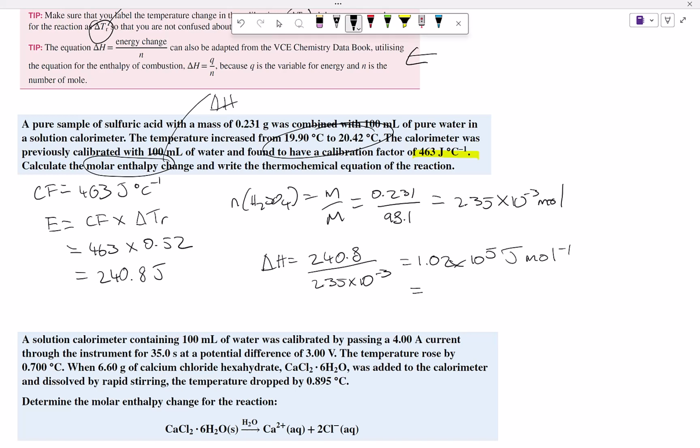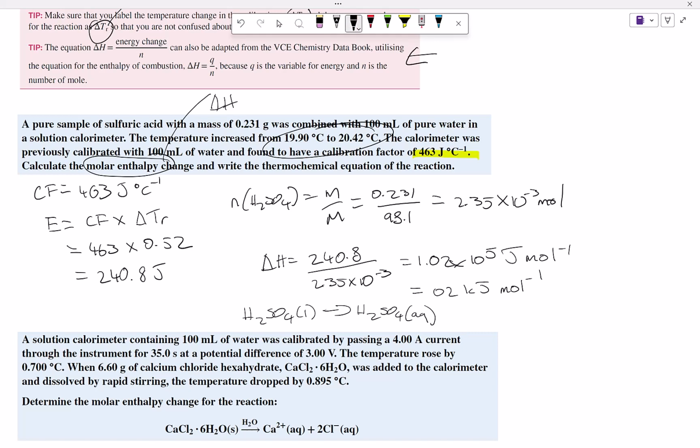which we can represent as 102 kilojoules per mole. So if you have to write the chemical equation, it would be H2SO4 as a liquid going to H2SO4 in aqueous solution. Don't know why I put the equals there. It's late, so that probably explains it.